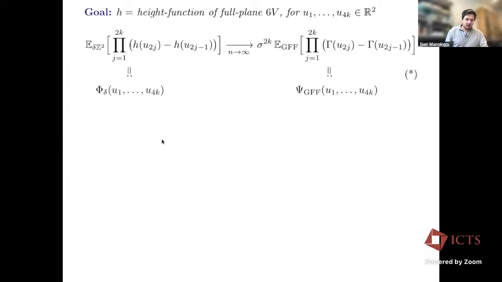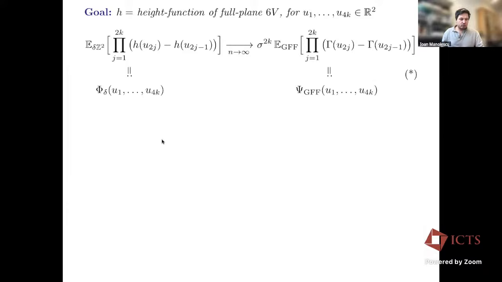I'm going to take the k-point function, or rather the 2k-point function of the discrete model. What does that mean? It means you take 2k points, and you look at increments between these points, and then you multiply these increments and you look at the expectation.